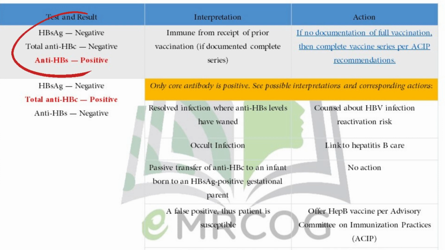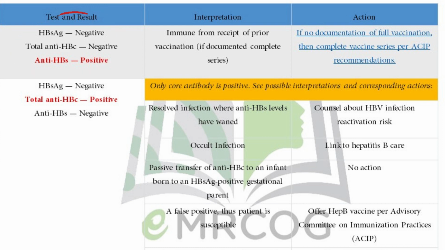And this could be conflicting for some physicians, but other physicians who are working in internal medicine or hepatology are going to be very expert in this. They know that when you have a resolved infection, or when the antibodies that you have gained from vaccination wane or go away, this could lead to this picture.